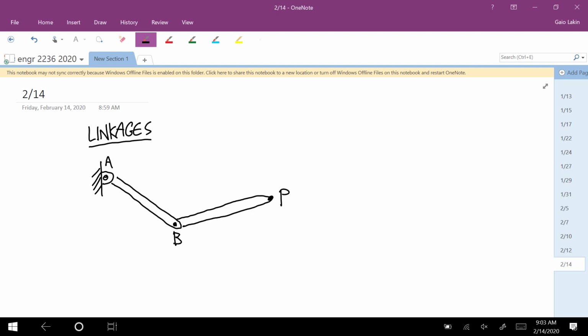So when you're calculating the velocity and acceleration of B, you mean why don't we need relative motion? Well, the points on any of the arms of a linkage are in circular motion around something.